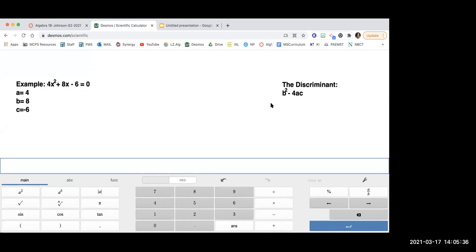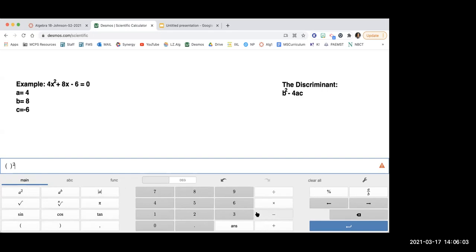Our discriminant is still b squared minus 4ac. So I'm going to substitute the values we found for a, b, and c with the letters they belong to in the discriminant formula. When using the Desmos graphing calculator, I can use the buttons and create a shell. For b, I'm going to replace b with parentheses and square it.